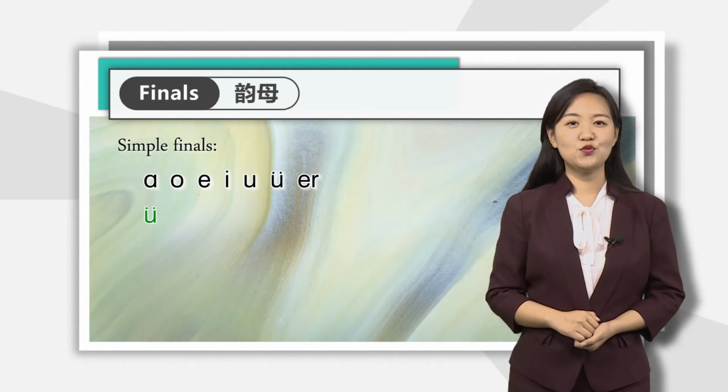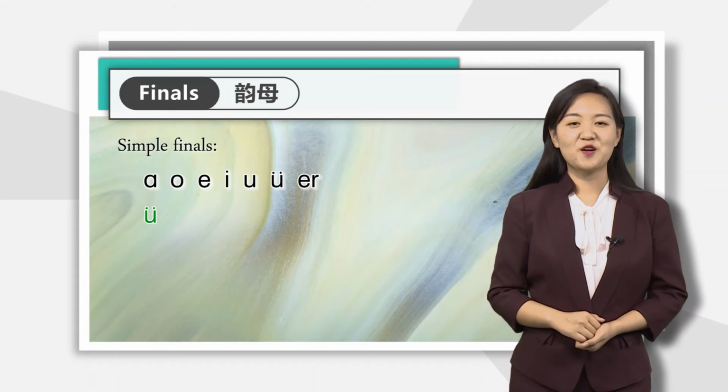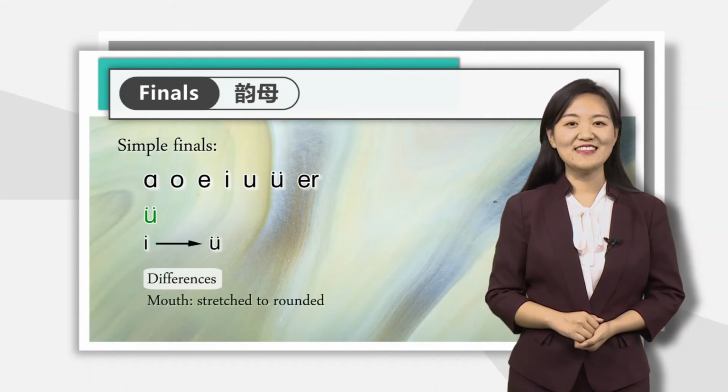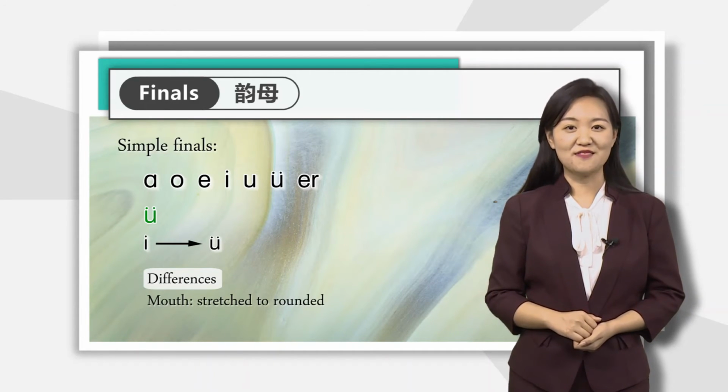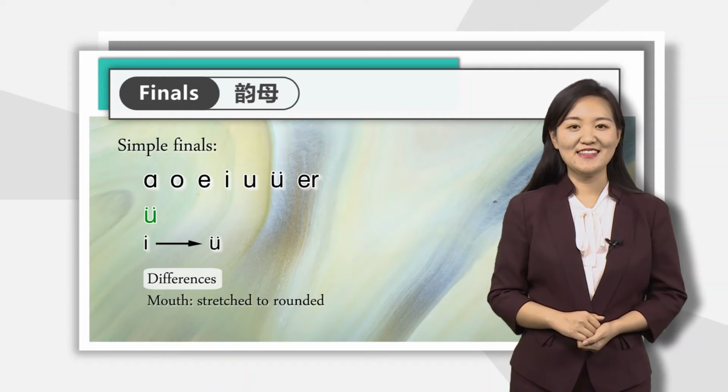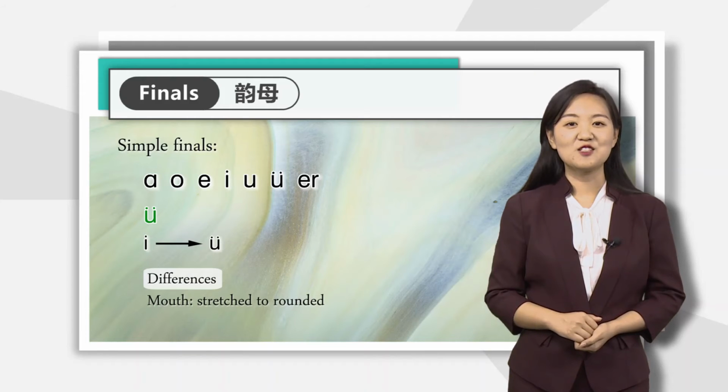Let's do ü next. When pronouncing ü, you can pronounce e first, and then let the tongue stay. Just change your lips shape to a very small circle. Look at me. E. Now try with me.